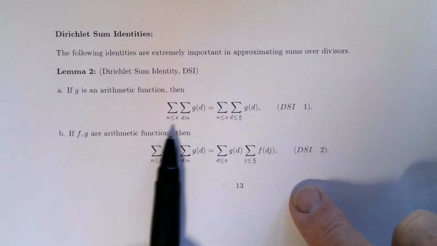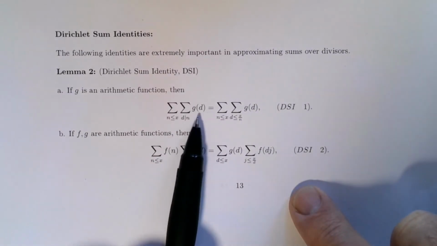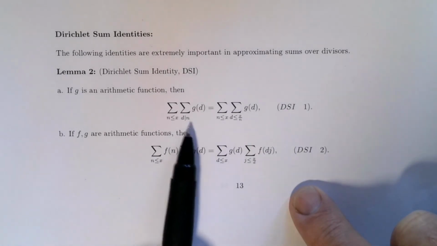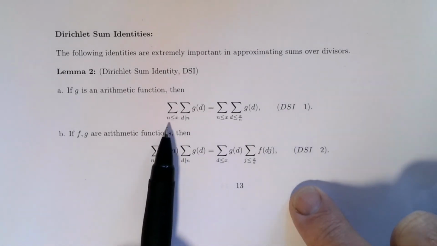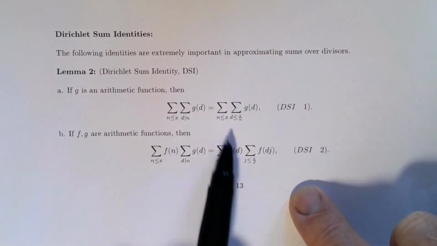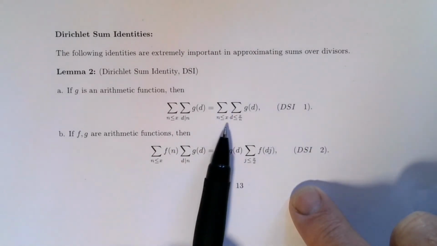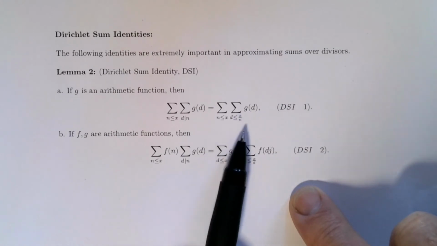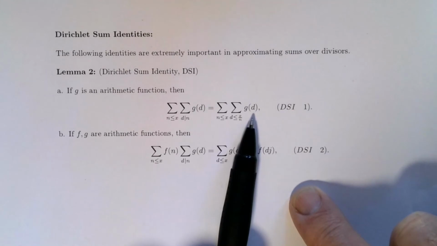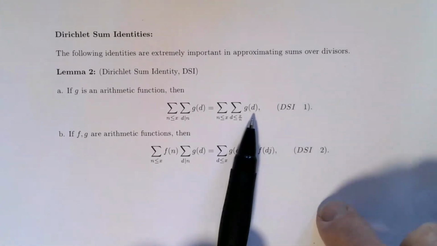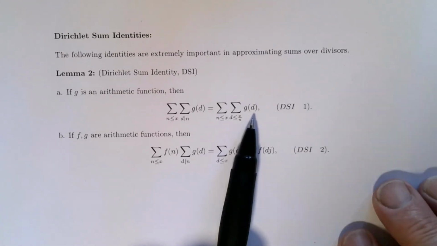So we want the sum over n less or equal to x of the sum of g of d over the divisors of n. And we can write that as the sum over d less or equal to x over n, times the sum of g of d. And that one's called the Dirichlet Sum Identity 1.